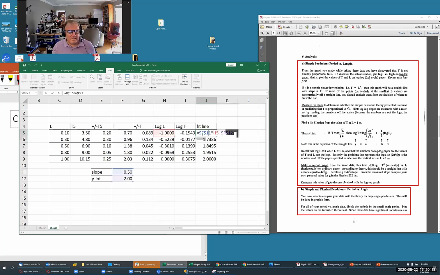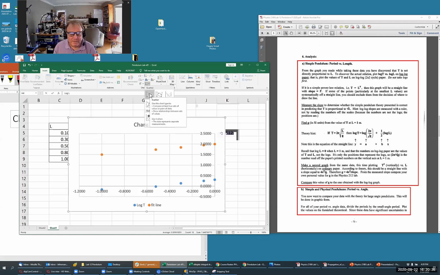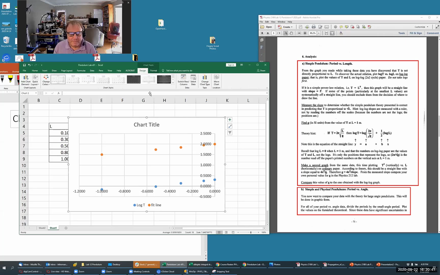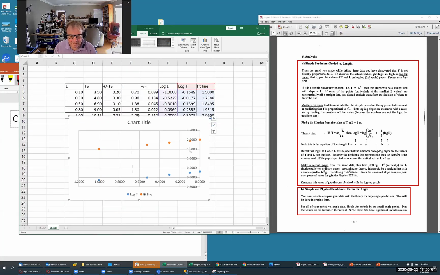And that's the x-axis, log of L. Okay, so we should be able to select all of these and insert a chart, and we want a scatter plot. And let's make this bigger. It looks okay.